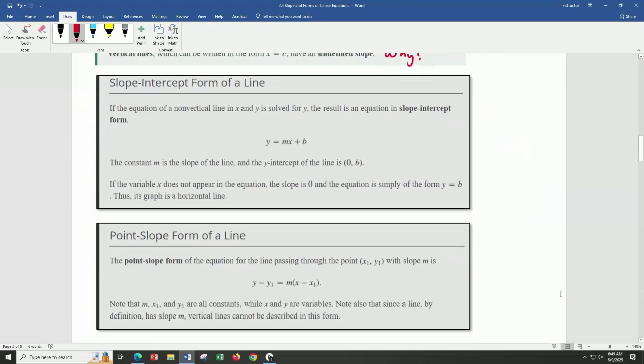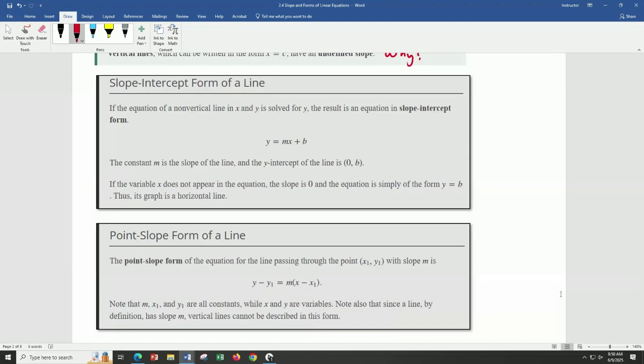Continuing on here, we have 2 little things. Now, back in the day, these were shown to you in 2 separate chapters. Now we're just combining them into one. If the equation of a non-vertical line, because if it was vertical, it would be undefined, in x and y is solved for y, the result is an equation in slope-intercept form. The constant m is the slope of the line, and the y-intercept of the line is (0, b).